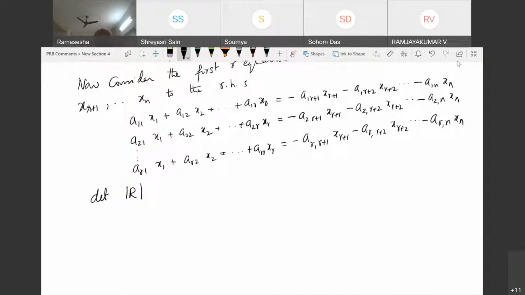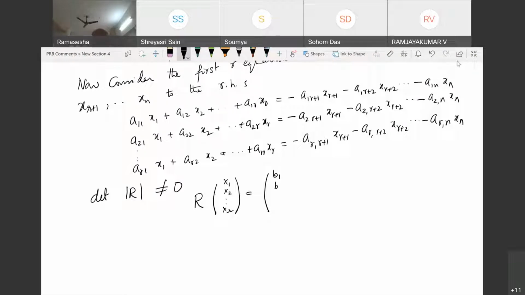So I can write R times x1, x2 to xr is equal to B1, B2 to BR, right?